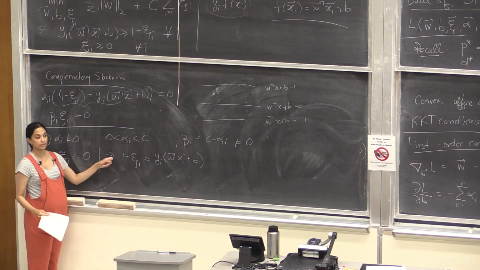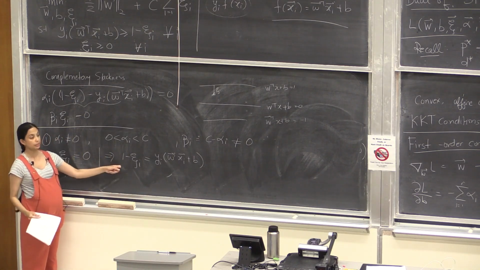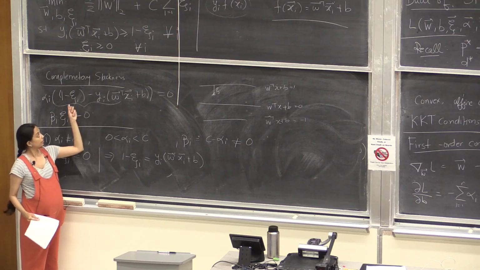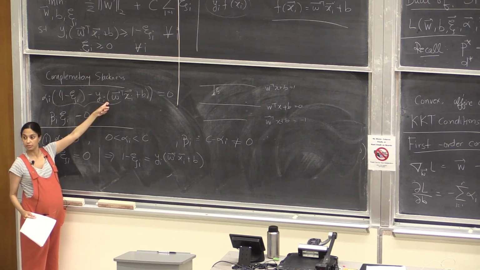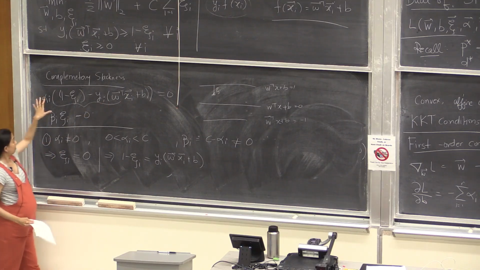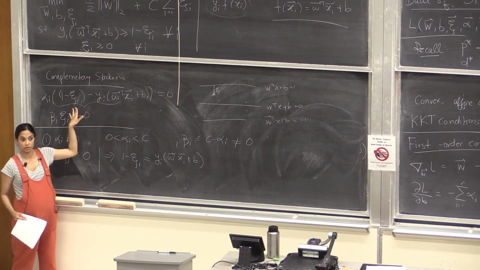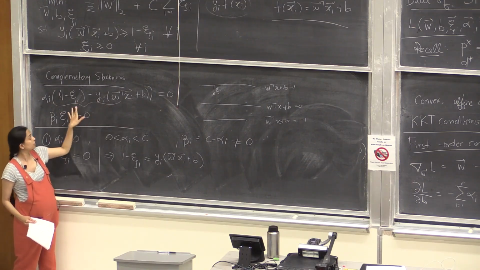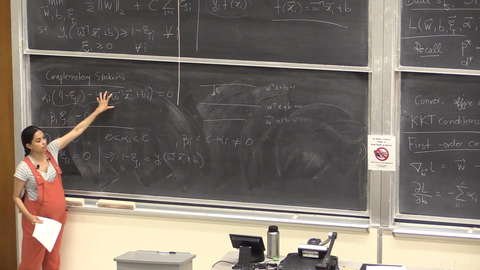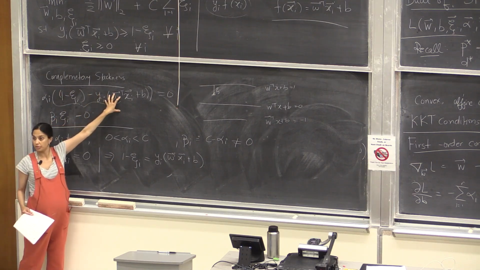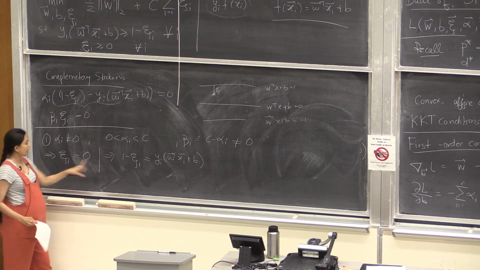Because alpha i is not equal to 0, this other factor must be equal to 0. Therefore, this must be equal to this. Everyone with me? Alpha i is not 0, therefore this second term must be 0. If this term is exactly 0, this minus this is 0. Therefore, this must be equal to this. Psi i is 0.